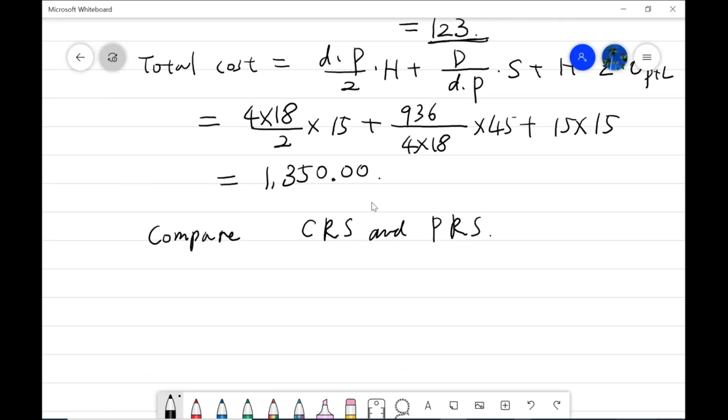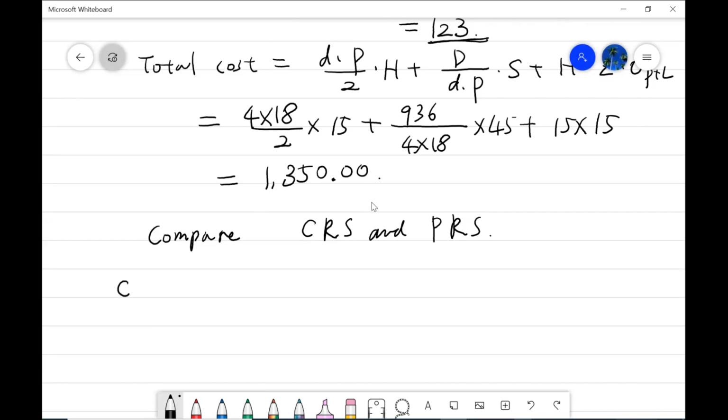So the question is, why does this happen? In fact, it is about the safety stock. Let me compare the safety stock amount under the continuous review system and the periodic review system.